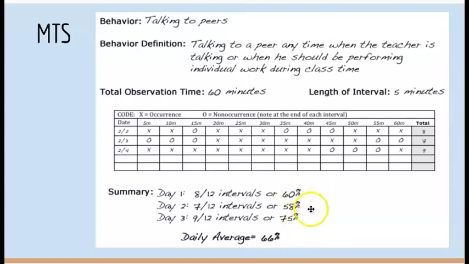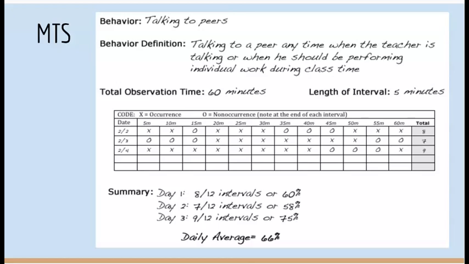Then you can develop an intervention plan, continue to use momentary time sampling to check, and get an idea, is your intervention plan working or not? So momentary time sampling can save you as a teacher a lot of time. You can implement a momentary time sampling system while you're actually instructing.